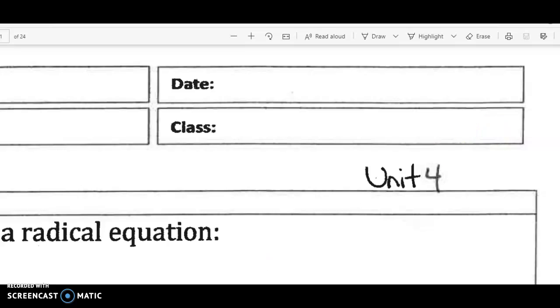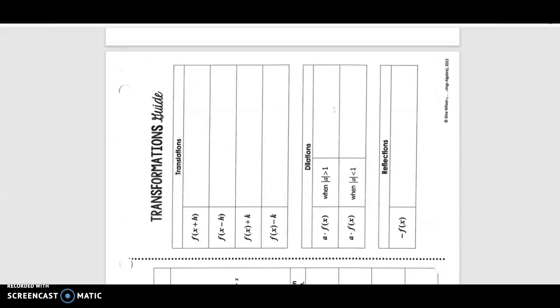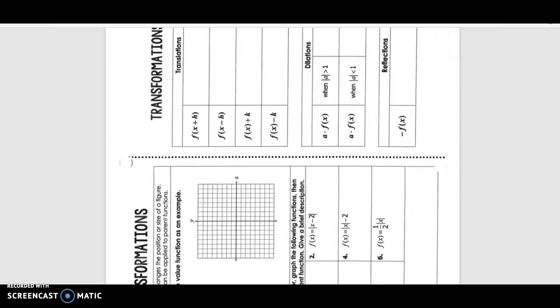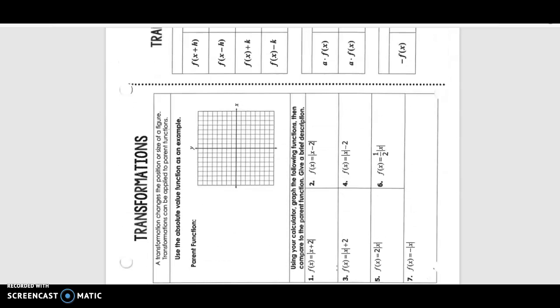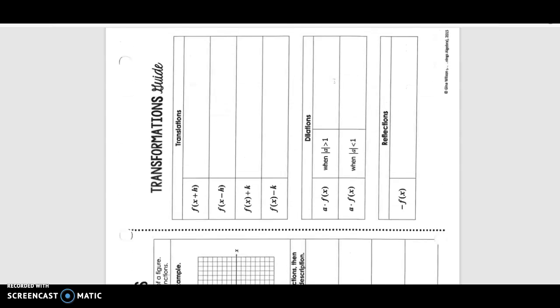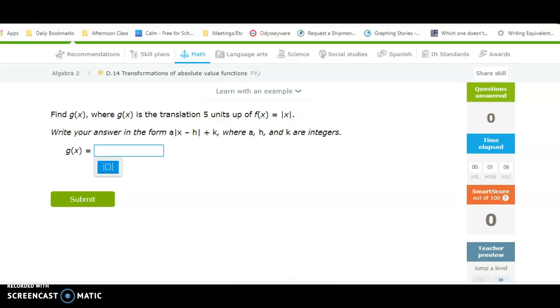Oh, that's the wrong unit, so darn it, hold on, pause. You should have a page that looks like this in your notes. It would have been in the notes that Miss Miriam went over in the videos I posted last week, where there were some examples of what these look like, and then over here, this transformations guide. If you had that filled in, then what I just went over with you, that's where you apply those.